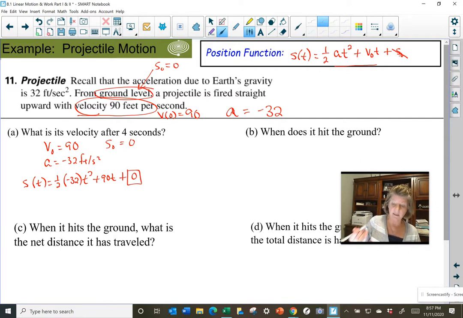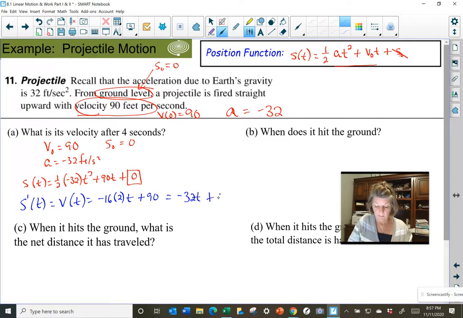And what is the velocity? I know that if I take a derivative of position, I get velocity. Half of 32 would be 16, so that's negative 16, multiplied by 2 because I'm doing the power rule. So negative 16 times 2t to the first plus 90 brings me back to negative 32t plus 90.